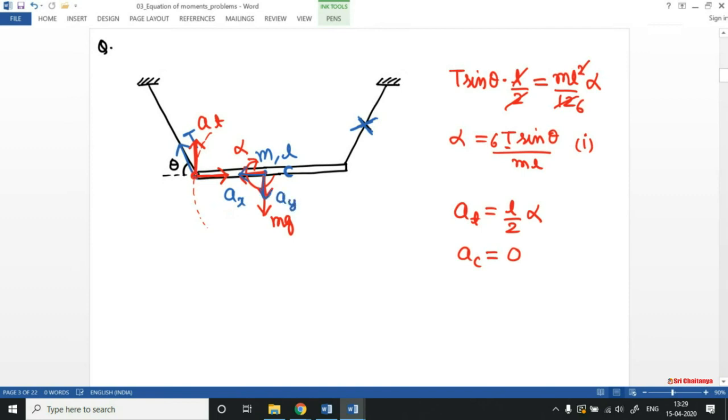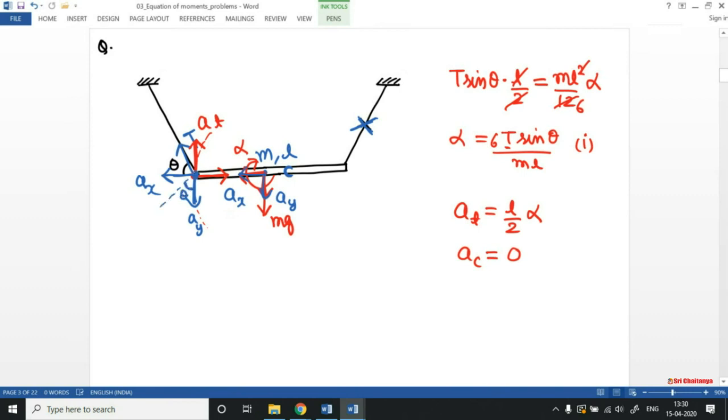The acceleration of this point in the ground's frame of reference would be vectorially added. So this would be ax and this would be ay. This angle is theta, so this angle would be theta as well.